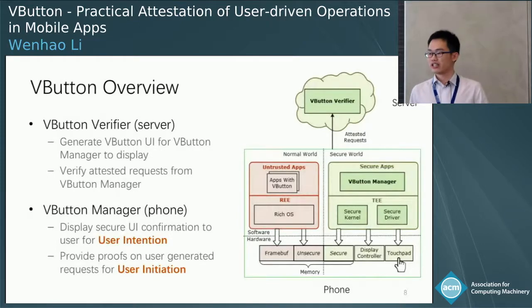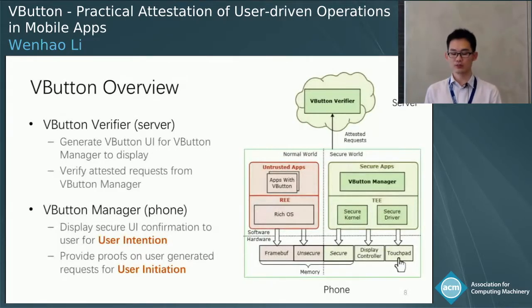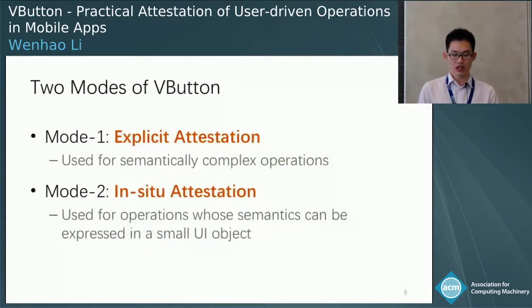And technically, in the VButton, the display controller and the touchpad here are assigned exclusively to the TrustZone to make sure that the VButton manager could exclusively and securely gather the hardware events to infer the user operations. So these proofs will then be sent to the remote server for further verification. So we provide two modes of VButton for different kinds of scenarios, namely explicit attestation and in-situ attestation. I will describe them later.